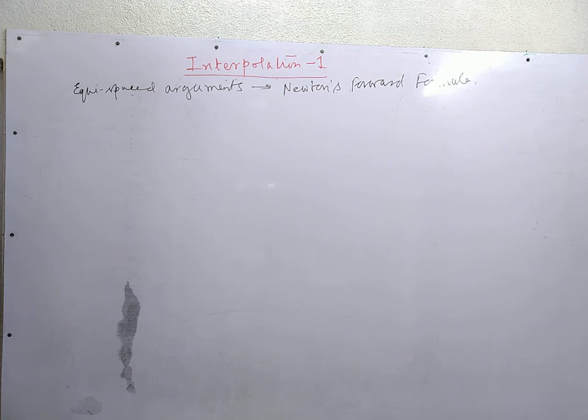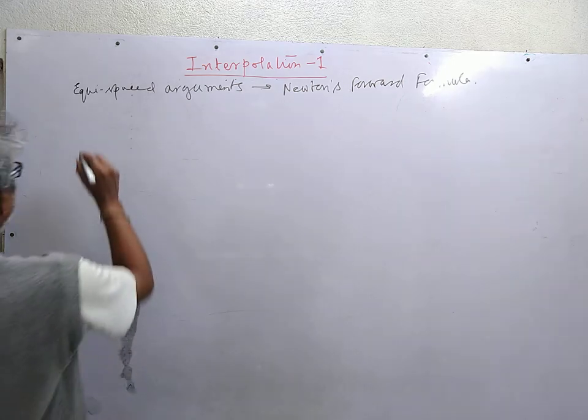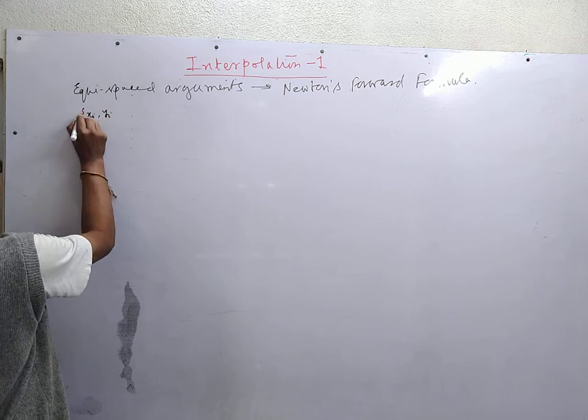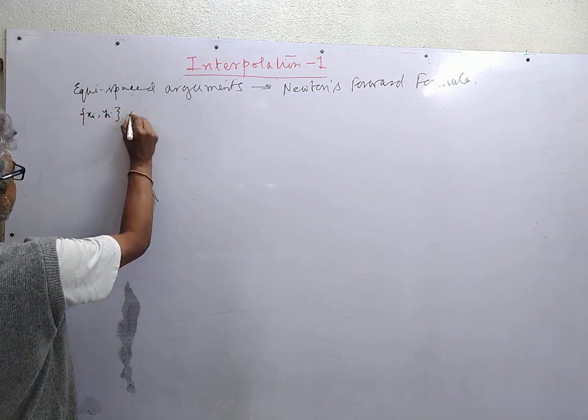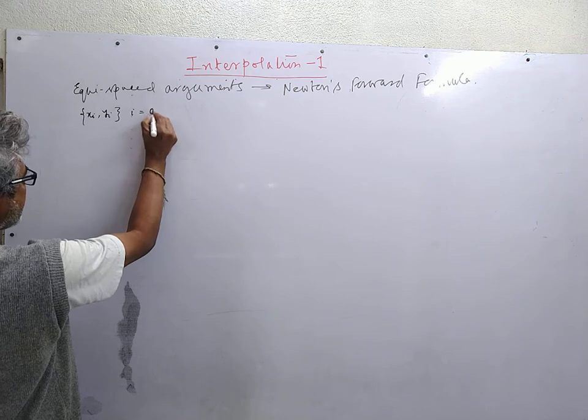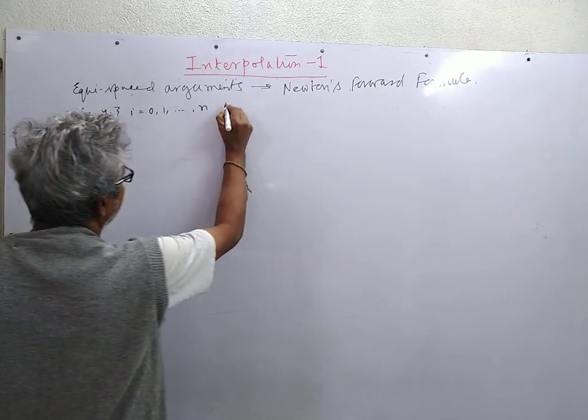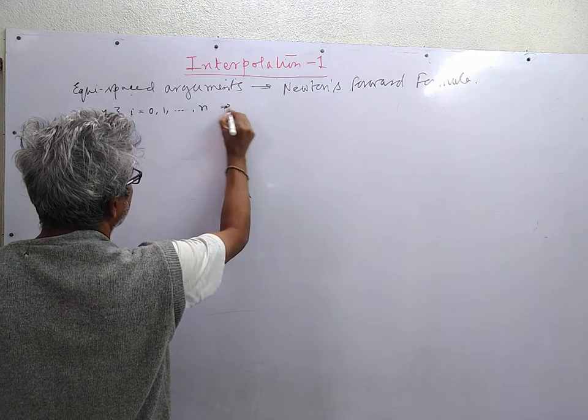Our basic assumption in this discussion is always that we have n plus 1 pairs of data xi, yi.